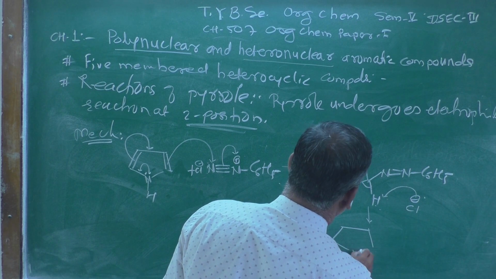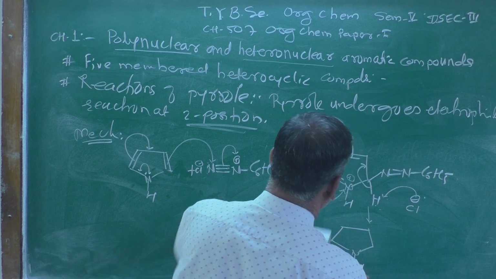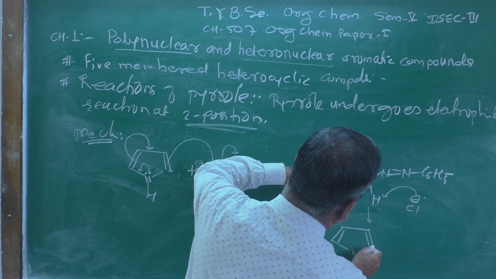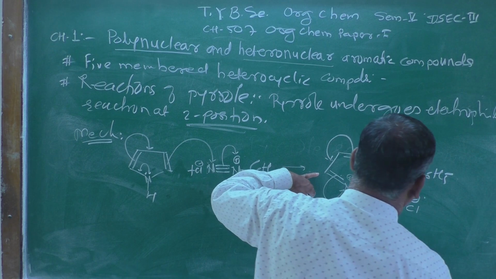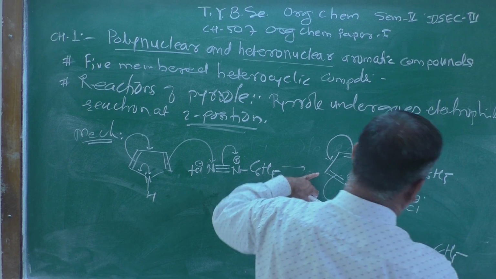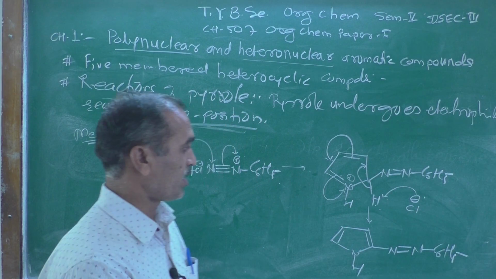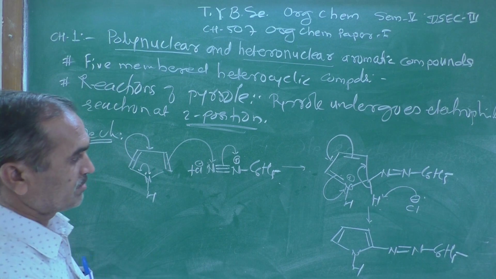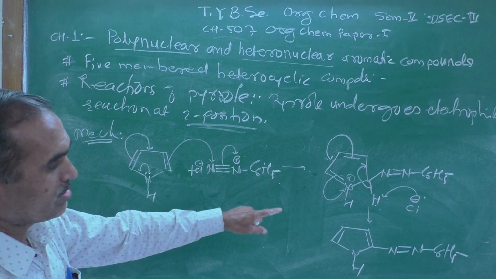This is the product which I am showing here: the double bond, nitrogen double bond nitrogen, then C6H5, which is a product we have seen in our earlier case. That is the final product.